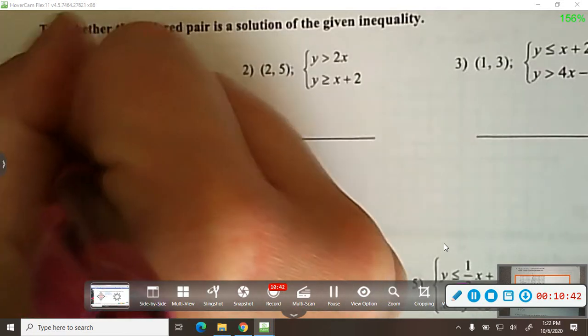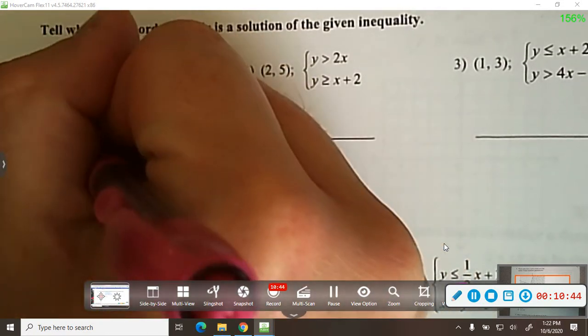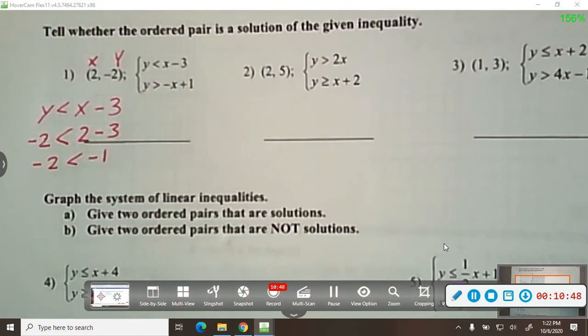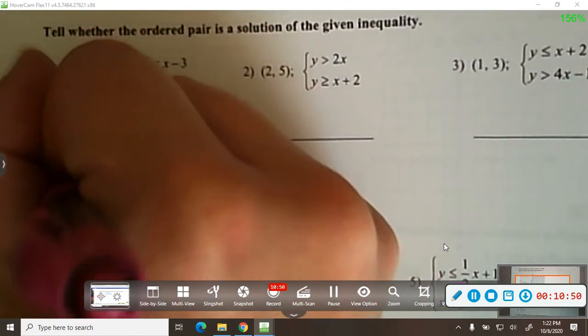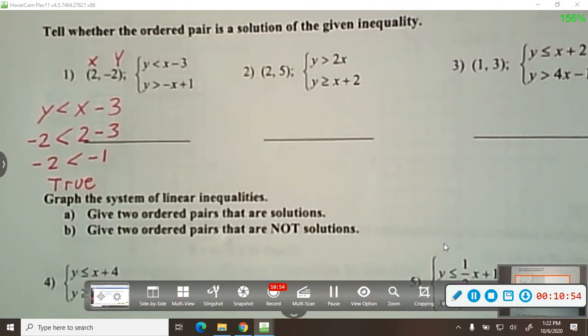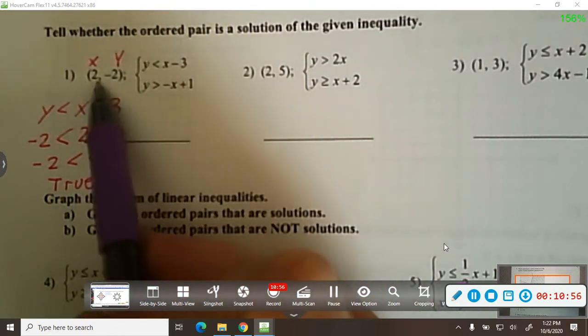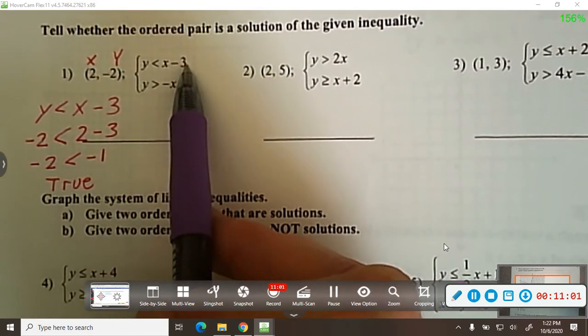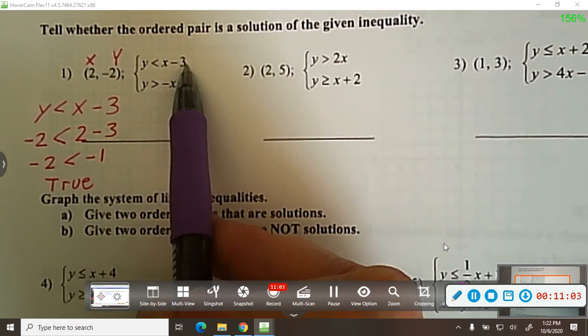Is negative 2 less than negative 1? Yes. So if someone said, is this ordered pair a solution to just this inequality, you would say yes.